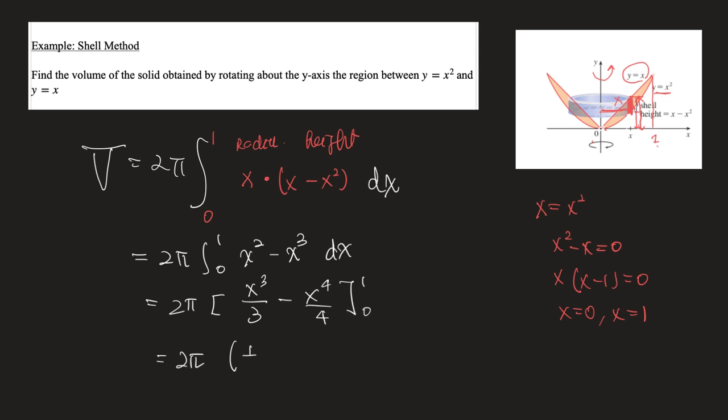Plug in the 1: 1 over 3 minus 1 over 4, common denominator 12: 4 minus 1. This one is 2 pi over 12, that's going to be pi over 6. So you have the choice of washer and shell method. I prefer the shell method. This one is much easier.